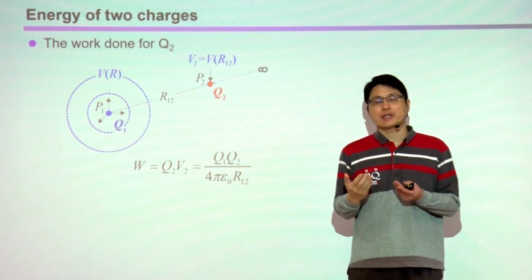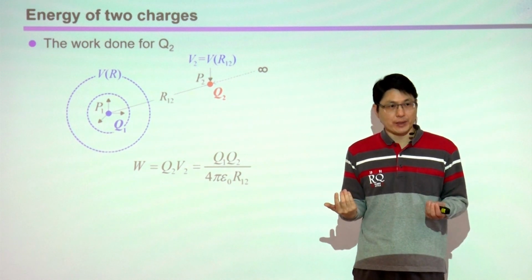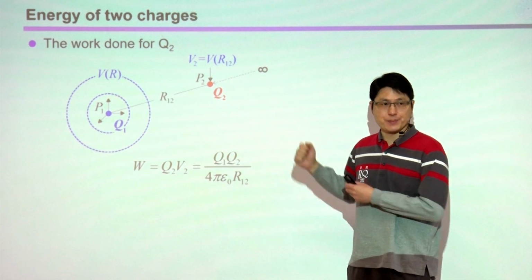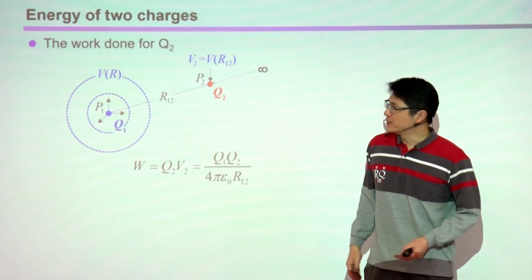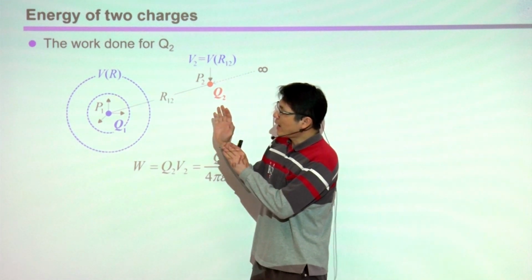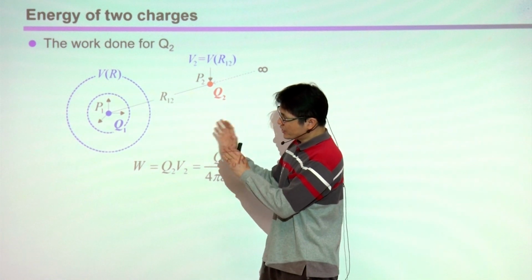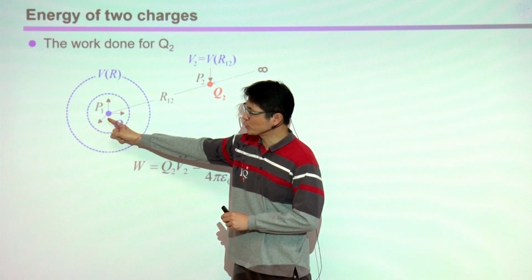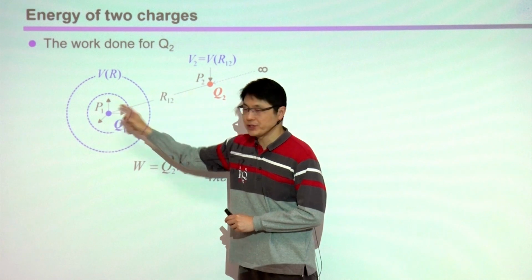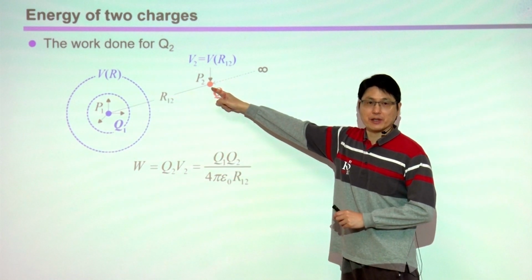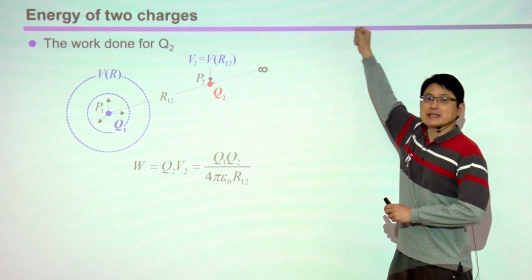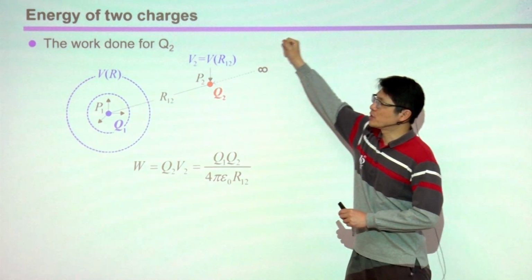So I want to look into the energy being stored in this simple system. The first viewpoint is, well, I can think of initially I have charged particle 1 sitting here. And then I can bring the charged particle 2 from infinity to here.